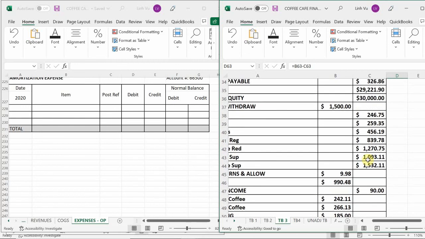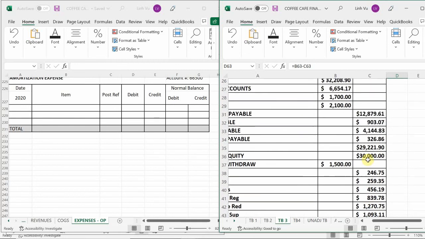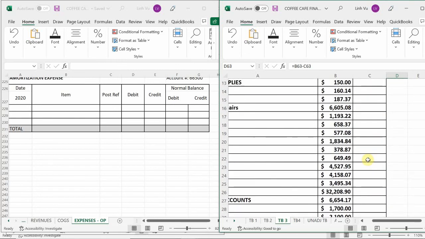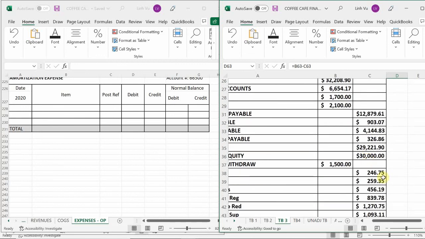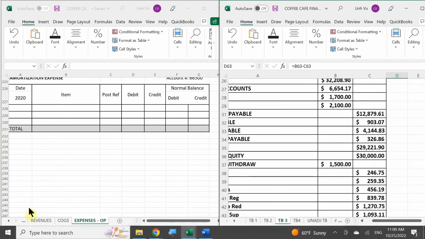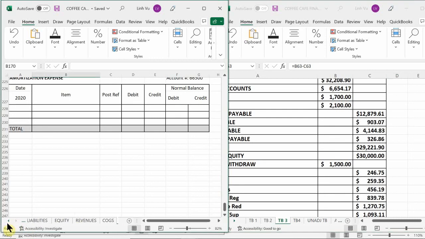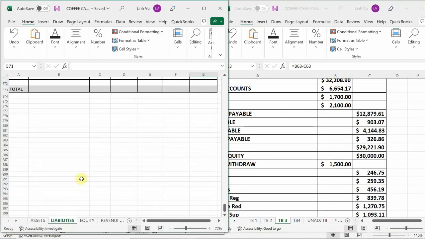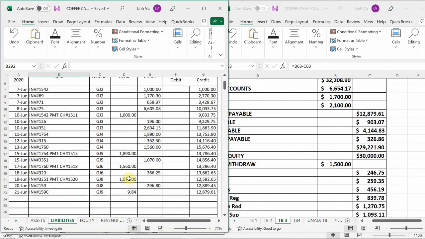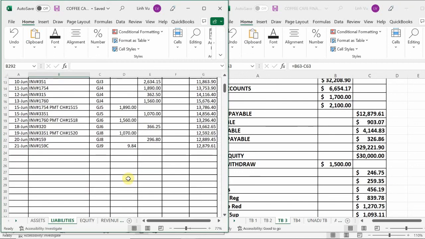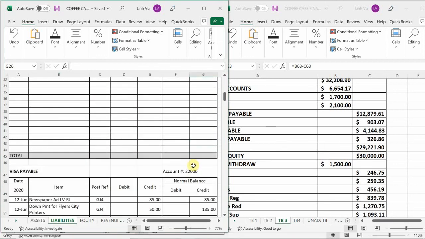So let's see. Let's double check our liabilities real quick. Okay, liabilities. Accounts payable is 1287. Yes, that's correct.